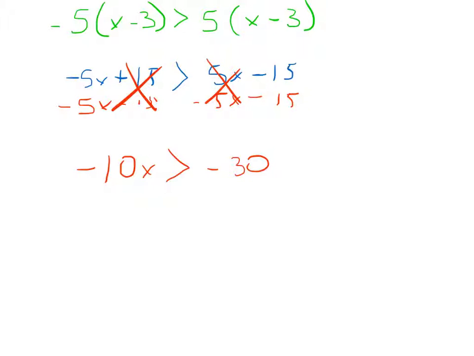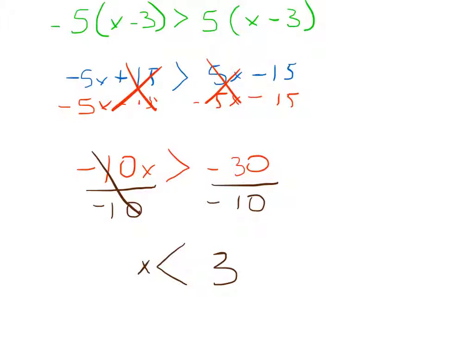These canceled out over here. Alright, and then the next step here is to divide by negative 10. So that'll cancel out. So I'm going to have x, and then because I did division, I have to swap that symbol around. Negative 30 divided by negative 10 is going to be a positive 3.